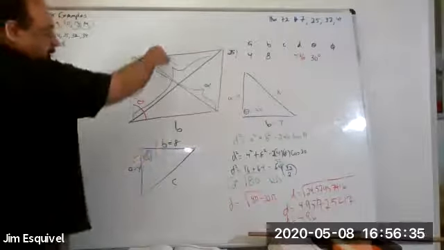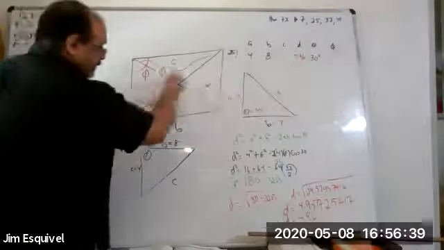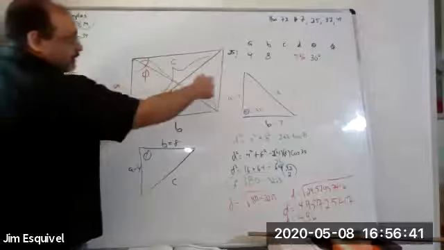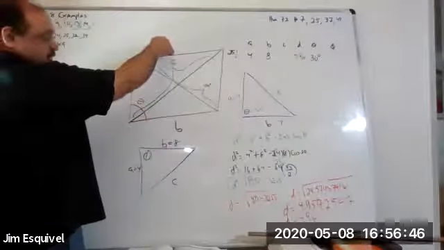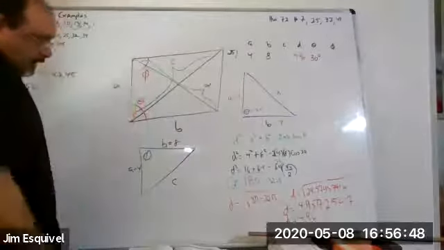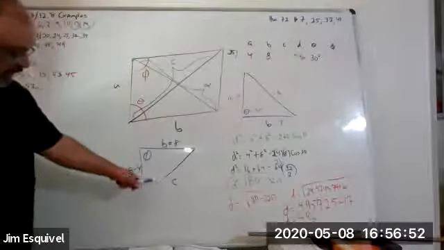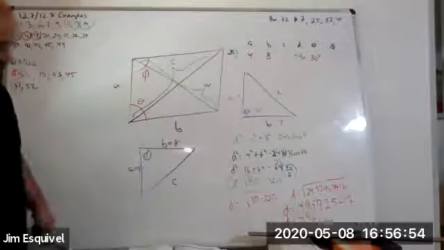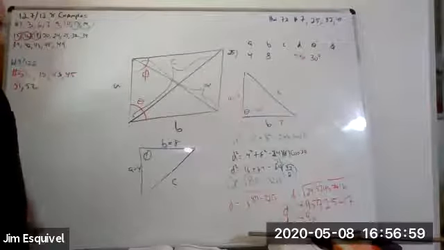Because according to the rules of parallelograms, opposite sides are congruent. So if this is A, that's an A. If this is B, opposite over here is also B. But in order to find C, I need to know angle phi.